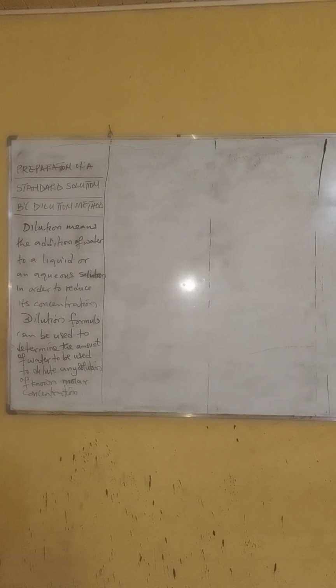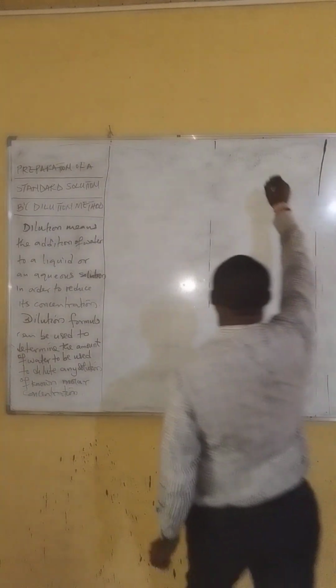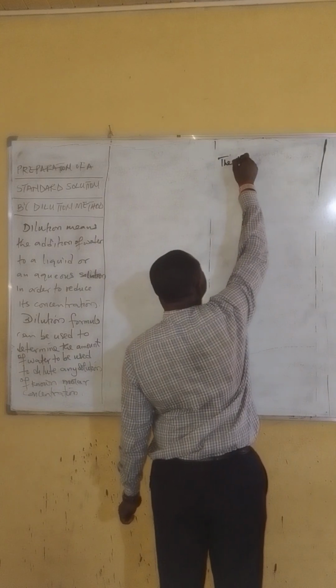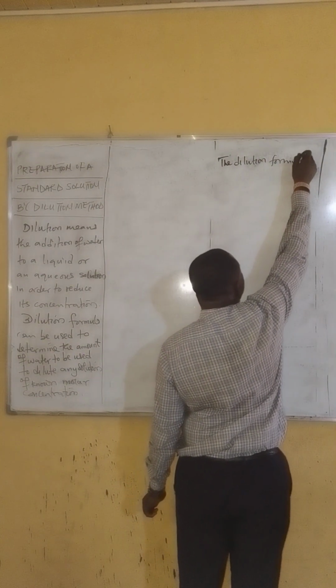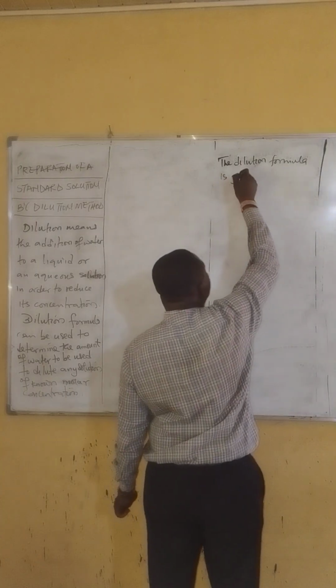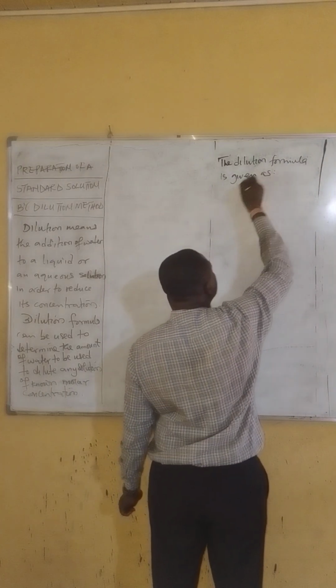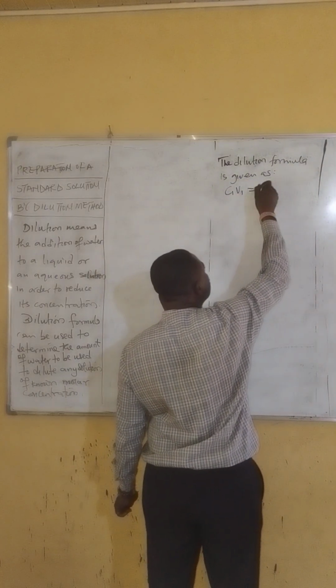Now, the dilution formula is given as C1 V1 equals C2 V2.